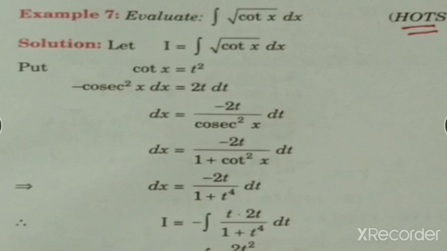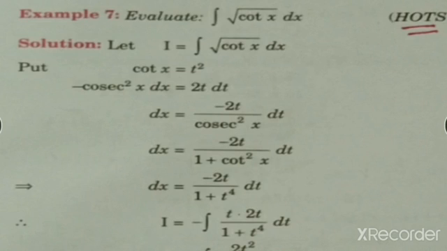Let I is equal to integration root cot x. Put cot x equal to t square. You know that differentiation of cot x is minus cosec square x. Here in this step we are differentiating both sides with respect to x.